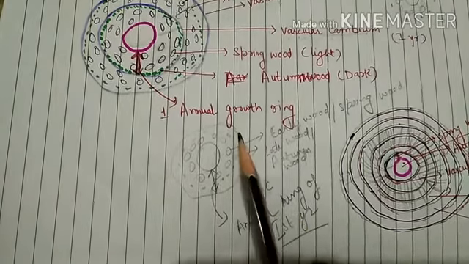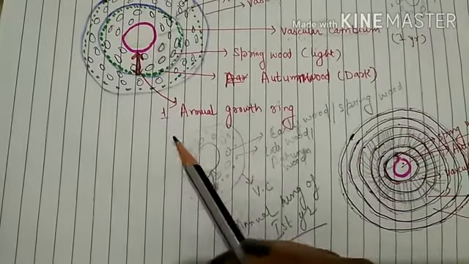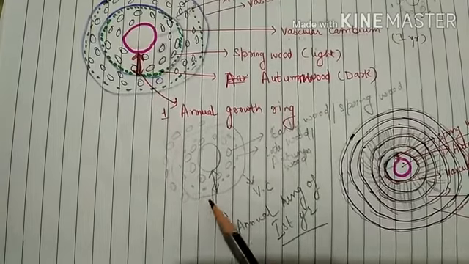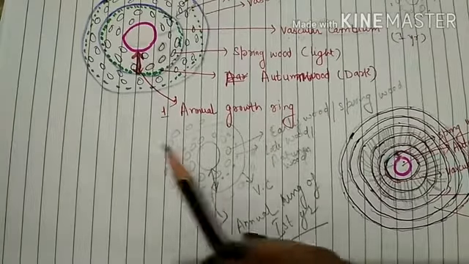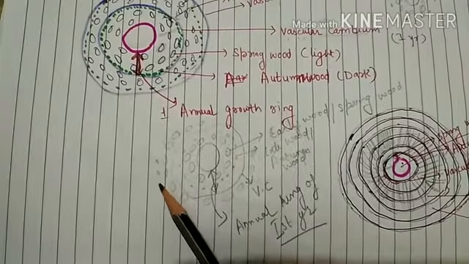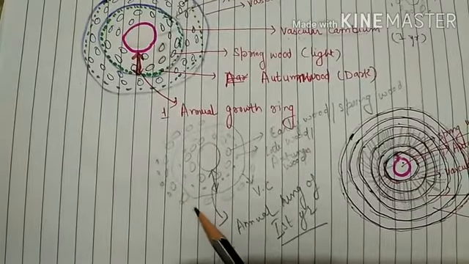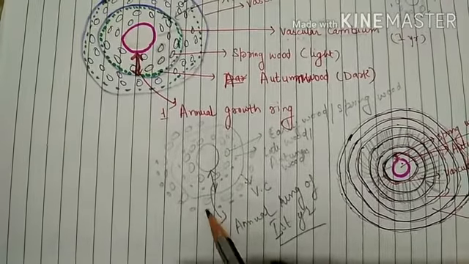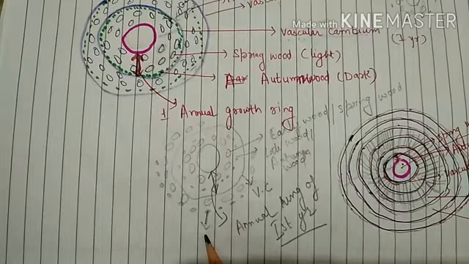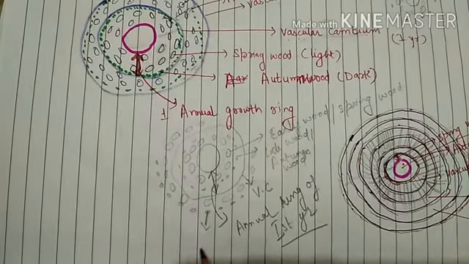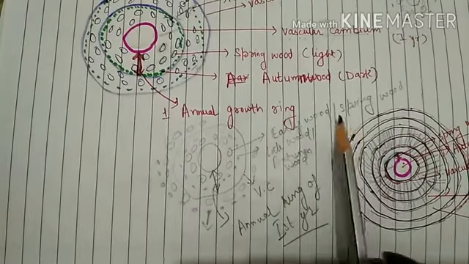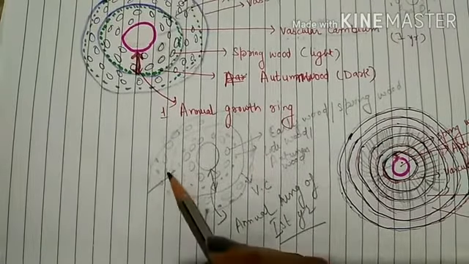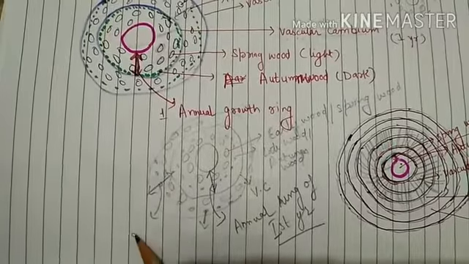Similarly, in the second year, again from the vascular cambium, in the early season there will be formation of the spring wood, and during the late season, during winter, there will be formation of the secondary xylem in which the xylem elements show narrower cavities and represent the autumn wood. So this is the second annual growth ring.